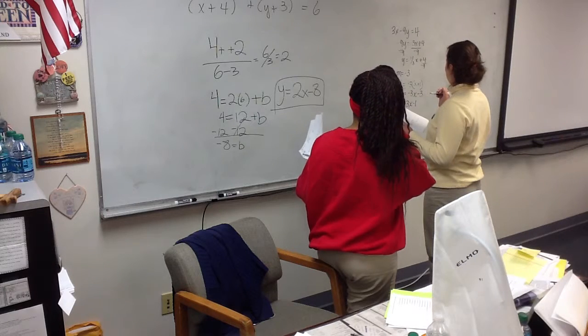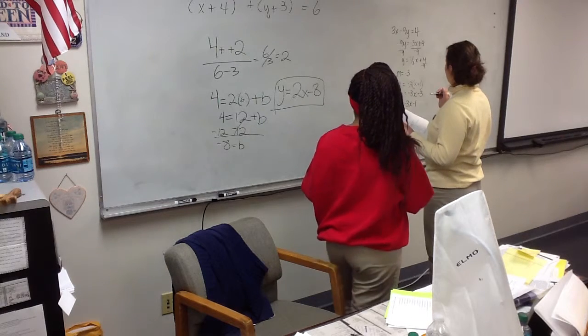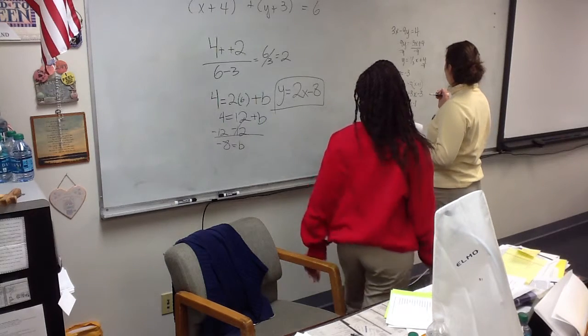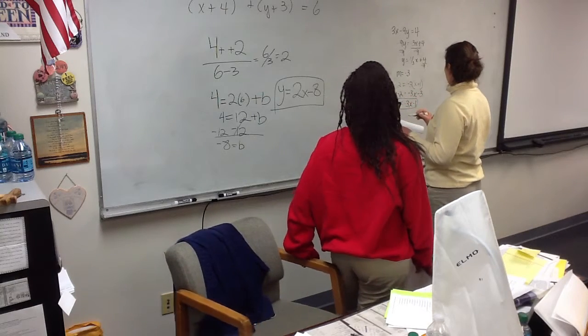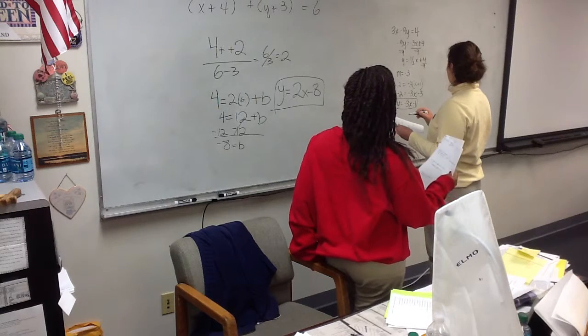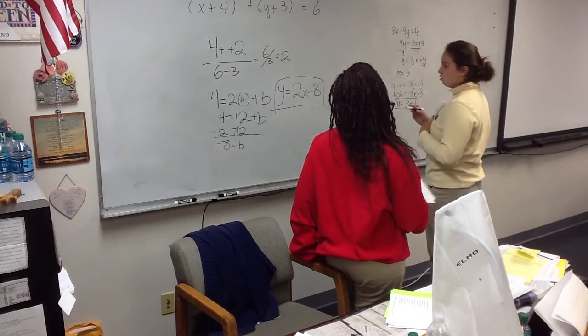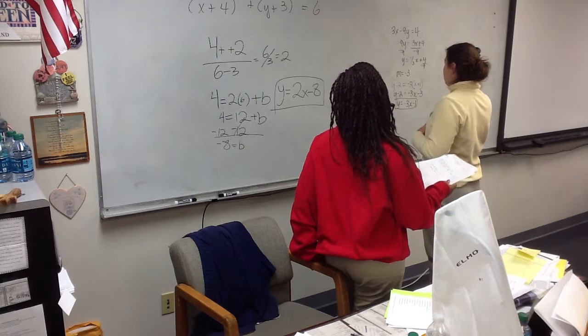Okay, you guys got it? What's the matter, Abby? We don't have the same answer. Abby, it's supposed to be negative 1/3. No, it's not. It's the opposite reciprocal. It's supposed to be negative 3. It's the opposite reciprocal.